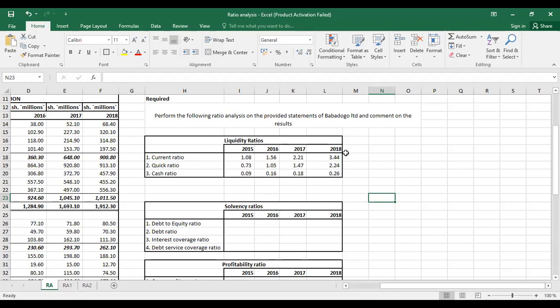Because they're increasing, it means our company is performing well, so there's nothing that will bring doubt. Maybe in 2015 the company was just starting, but it is performing well as they go by. These are very simple concepts.